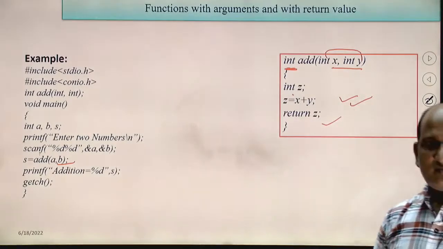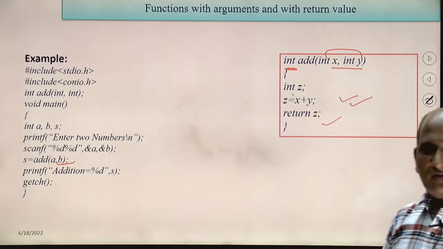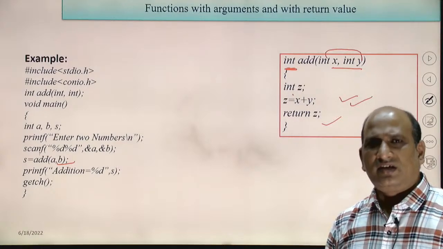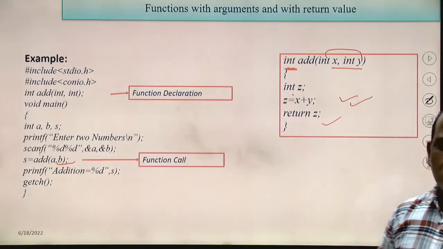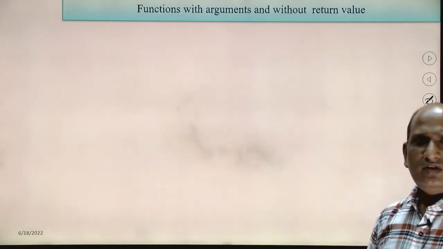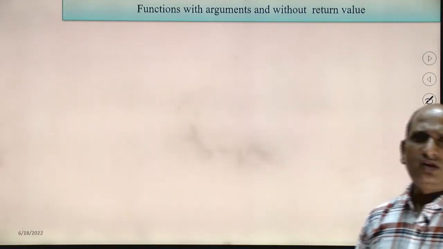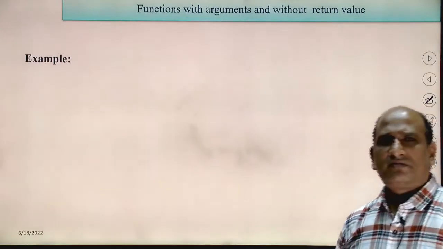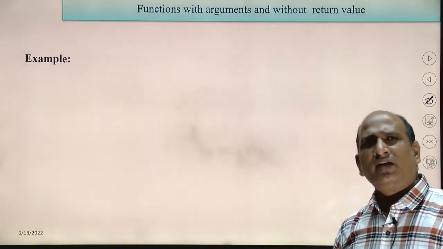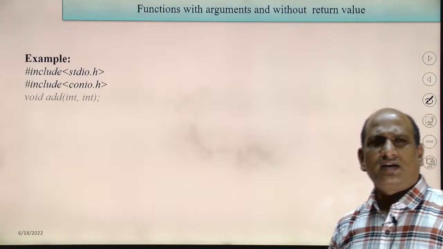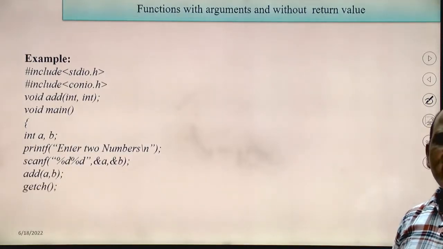This way the function with argument and with return type is used. Okay. Now the second one is function with argument but no return type. It means the function has an argument but it will not return anything.